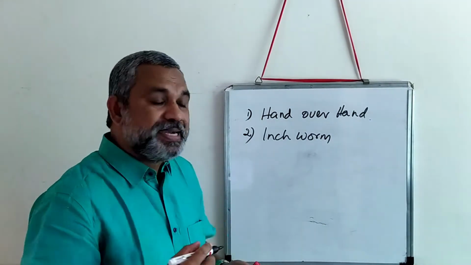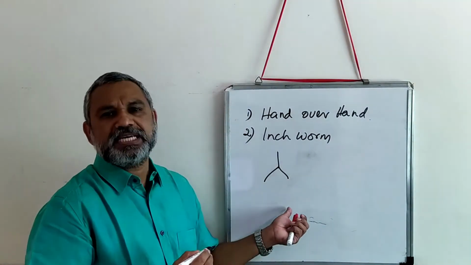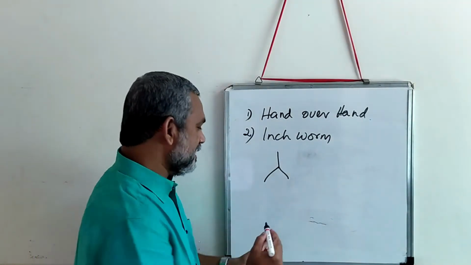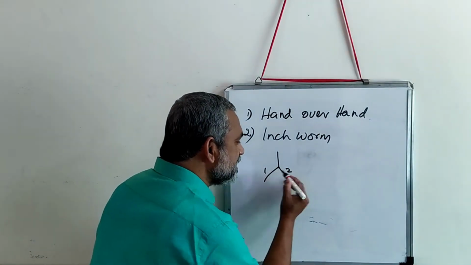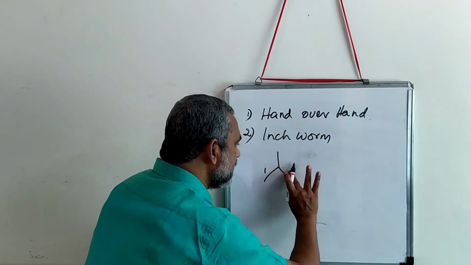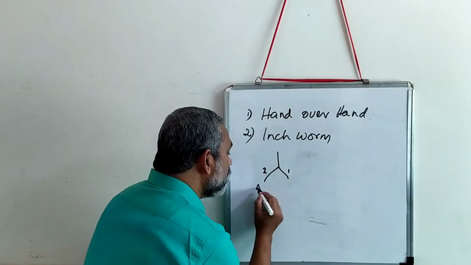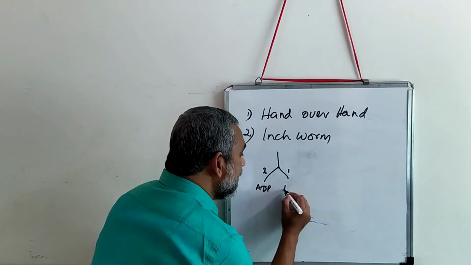Now it can be diagrammatically represented in the following manner. Assume these are the two motor heads. This is head number 1, and this is head number 2. In both places there is an ADP attached.